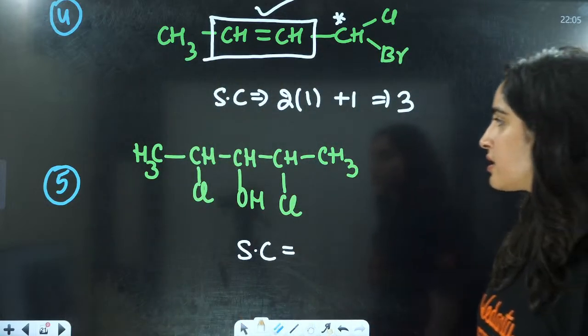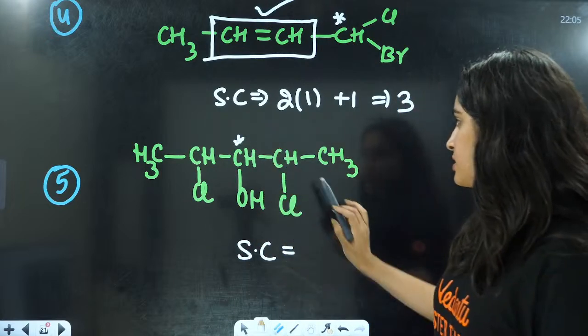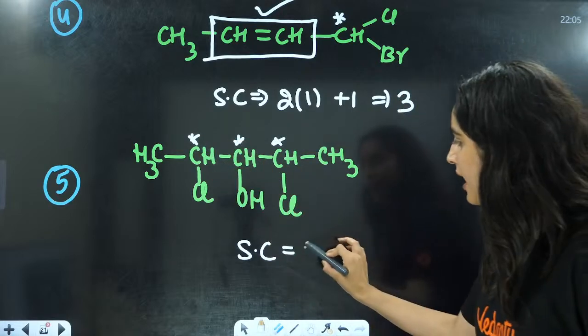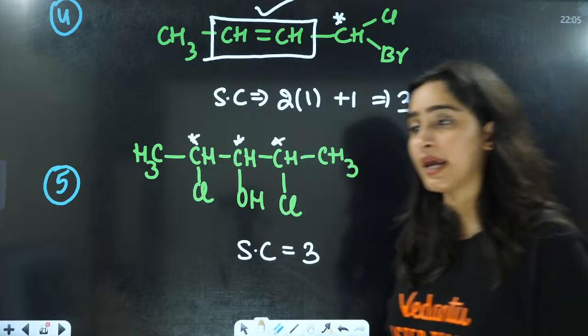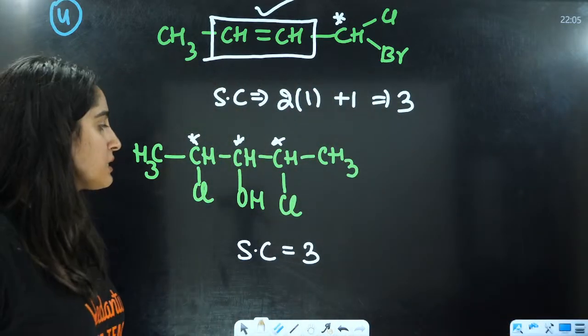How many stereocenters? Obviously this is chiral, this has one different group, this is also chiral, this is also chiral. So it has 3 chiral centers, which means 3 stereocenters are present here.